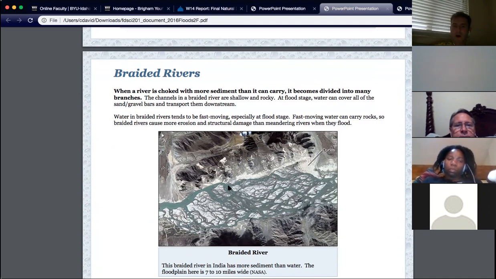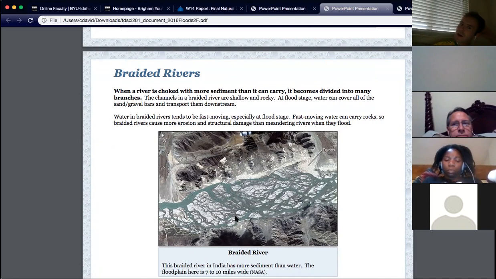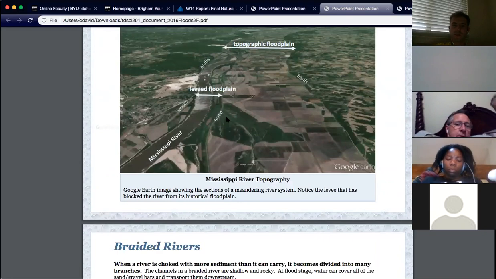So you can see here, here's this kind of main trunk of the channel running through here, but then there's hundreds of little tributary channels coming off. This is just the effect of a high sediment load, meaning there's a lot of sediments moving in with the water. These are typically shallower too, whereas these meandering rivers are deeper.